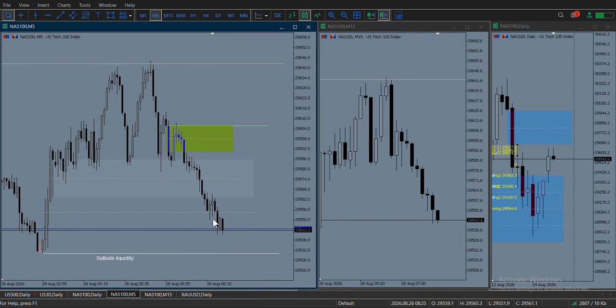Or the other thing it can do, you can get into that 850. It's coming in less than a minute now. We can have that retracement back even into this inefficiency here and then trade lower. That's the modest way it can do it.